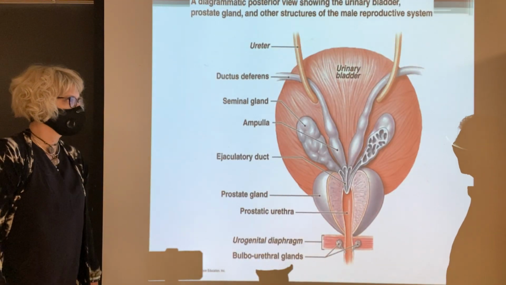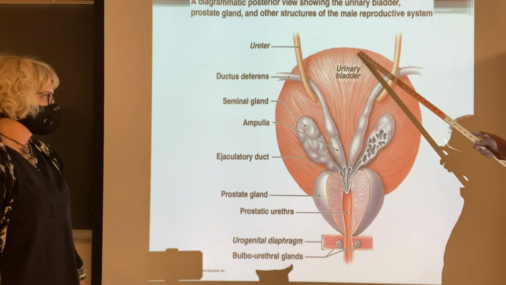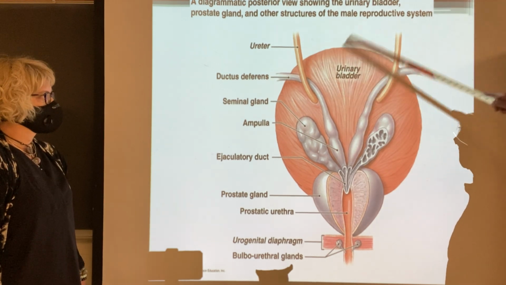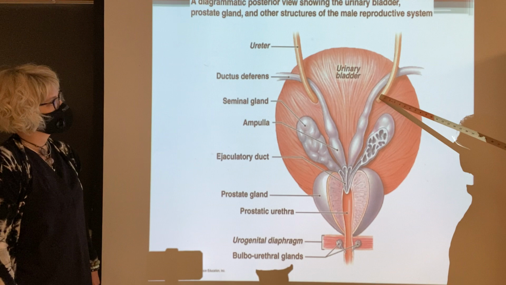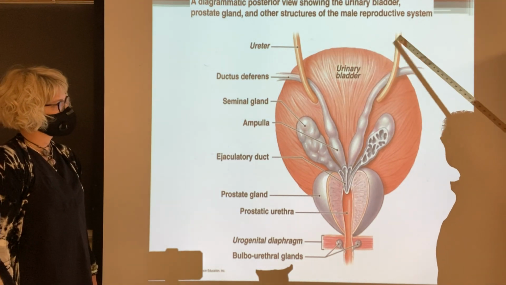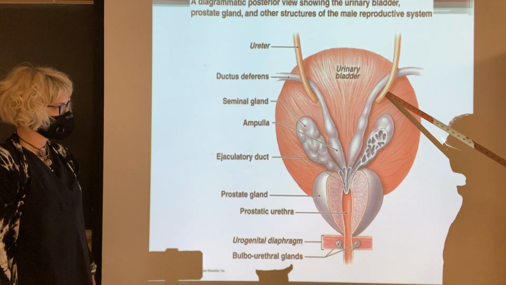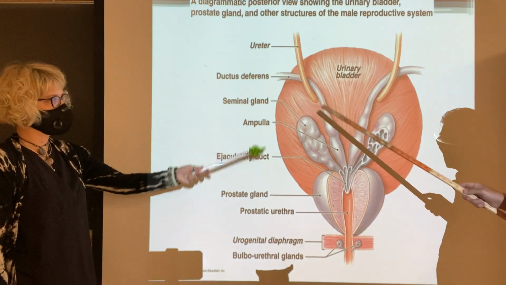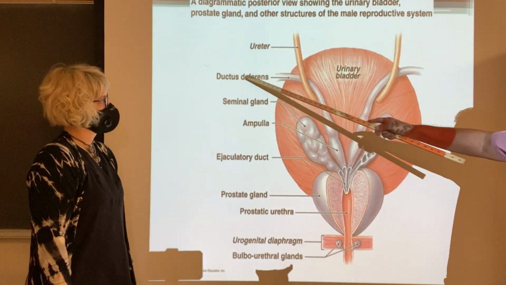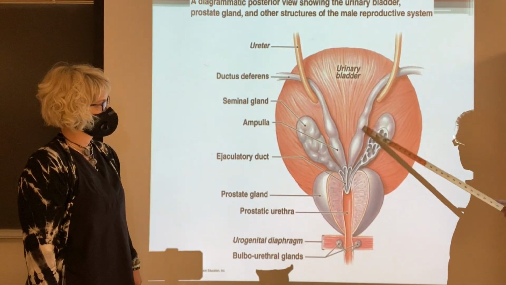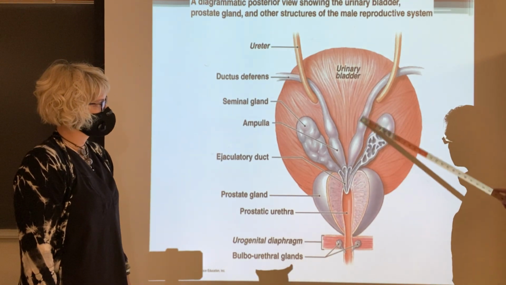Again, here we see the urinary bladder and how the ureters are coming in on each side. It's a good posterior view. The ductus deferens, two tubes coming in.